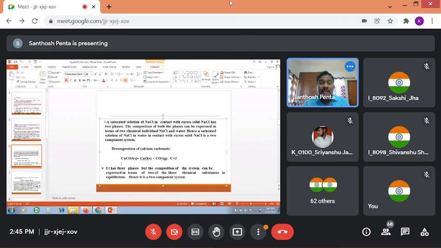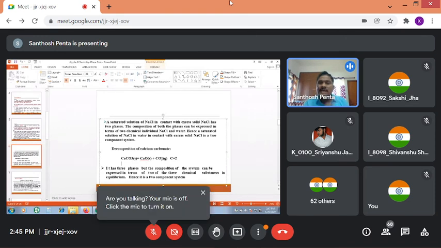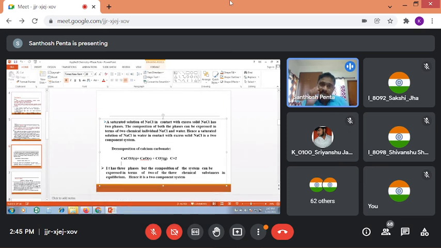That means here the decomposition of calcium carbonate is there. Looking at the equilibrium system, at the reaction, three chemical constituents are there. But according to Willard Gibbs, we have to say the minimum number. So the minimum number is 2, because if you know two chemical constituents, automatically you can predict the third.